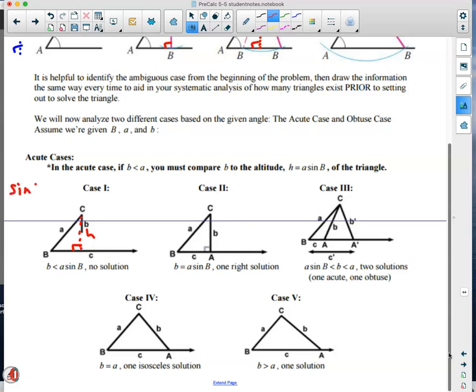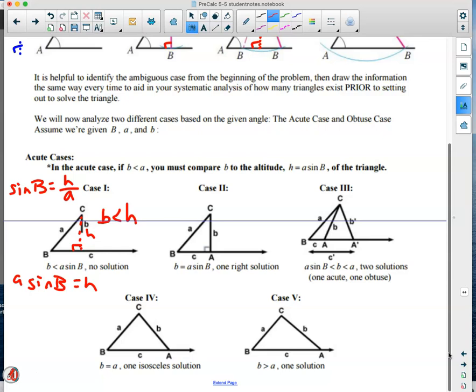So if we do the sine of B equals h over A, we'd multiply both sides by A and get A sine of B equals h. So we can use sine every time to figure out what the height is. Now, if B is not as long as h, we're not going to get a triangle.